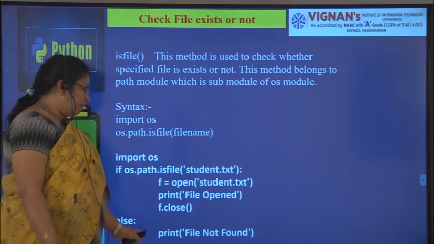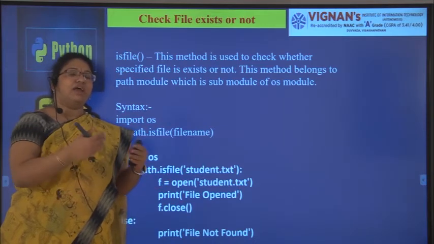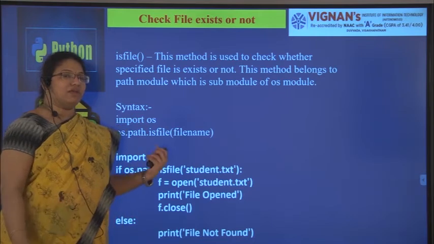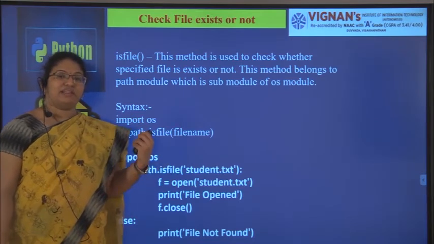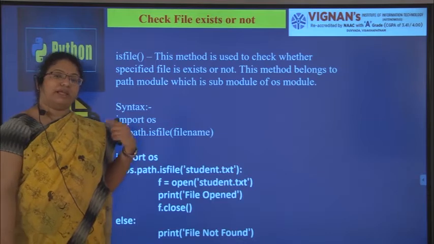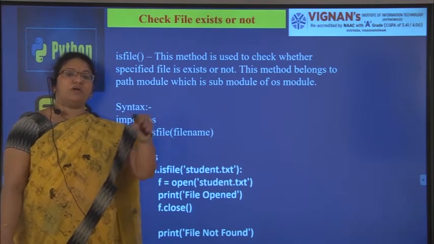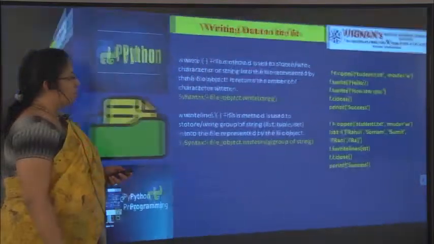If not, print that the file is not found. Instead of raising an error, we print a statement by using isFile. isFile checks whether the file is present or not, and it belongs to the OS module. It is a submodule of the OS module.